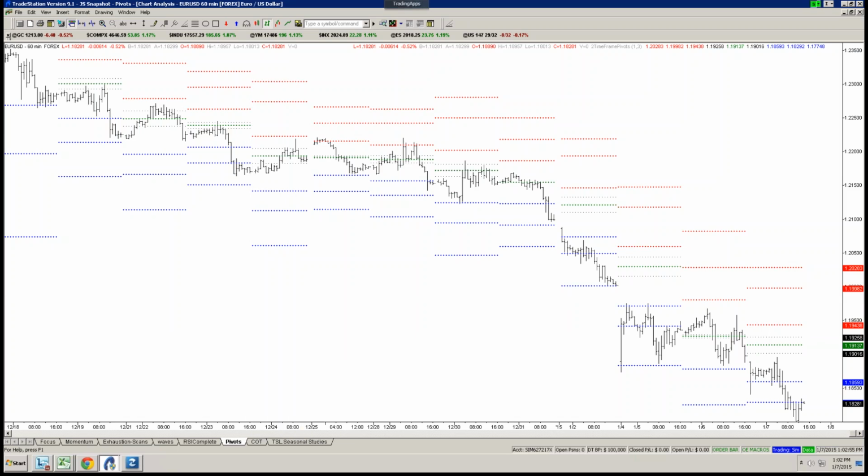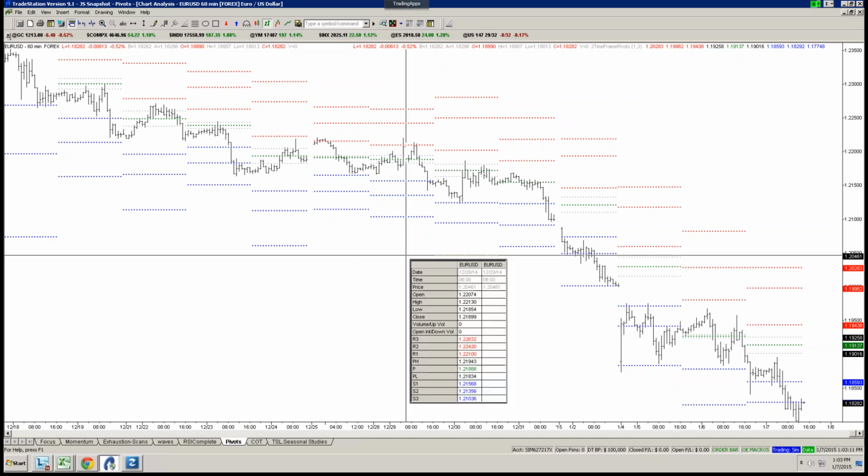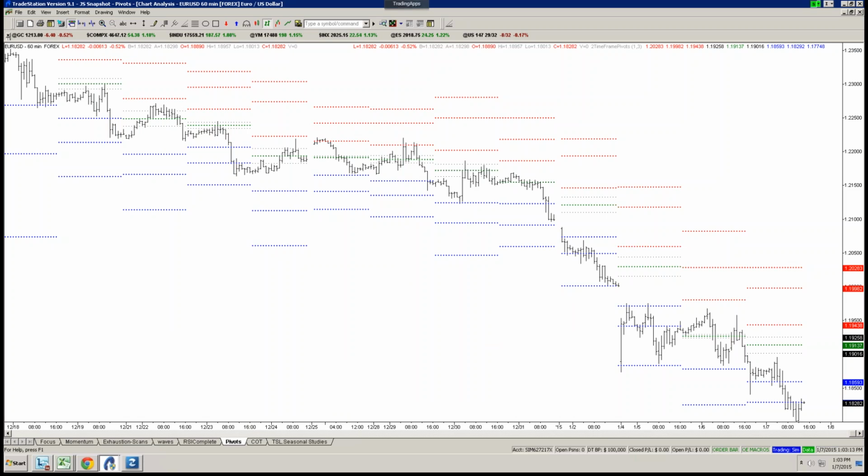So I'm going to get started. There's a few topics I wanted to cover specifically. One is actually the hourly reversal levels that I refer to. There have been some questions on that, so I'm going to go over some of those.